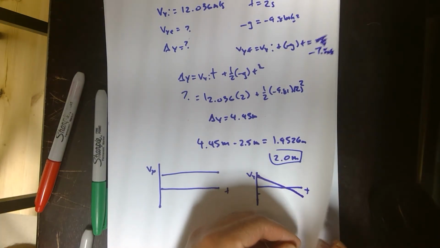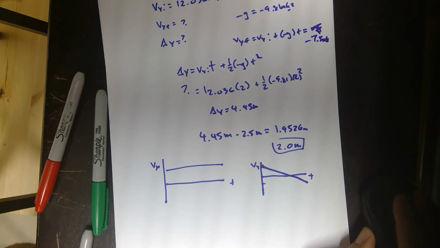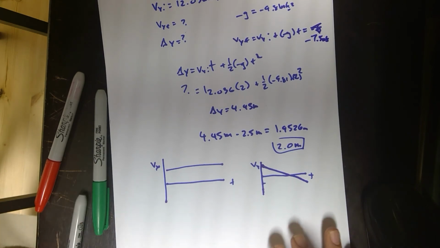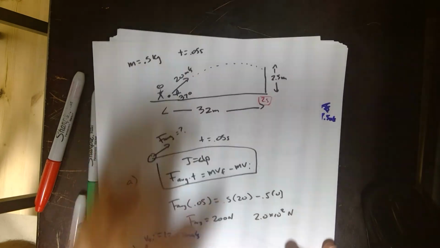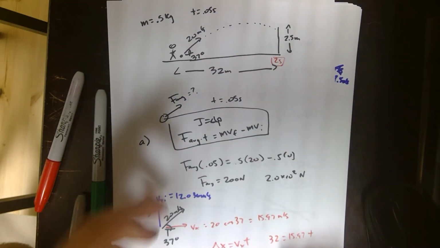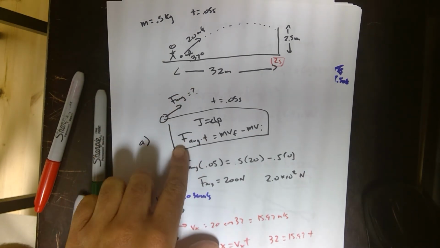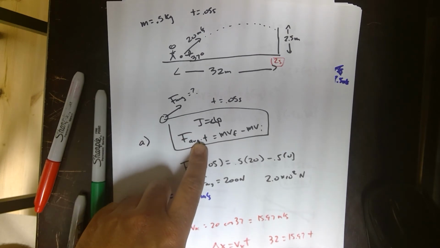Now, last question, I think it's probably something that I typed in there. It kind of looks like a different font. What was the impulse applied to the ball by the kicker? So, very conceptual question. Big trick is people have trouble distinguishing impulse from force, right? Impulse is J. The force is 200 newtons, and the time it's applied is 0.05 seconds.